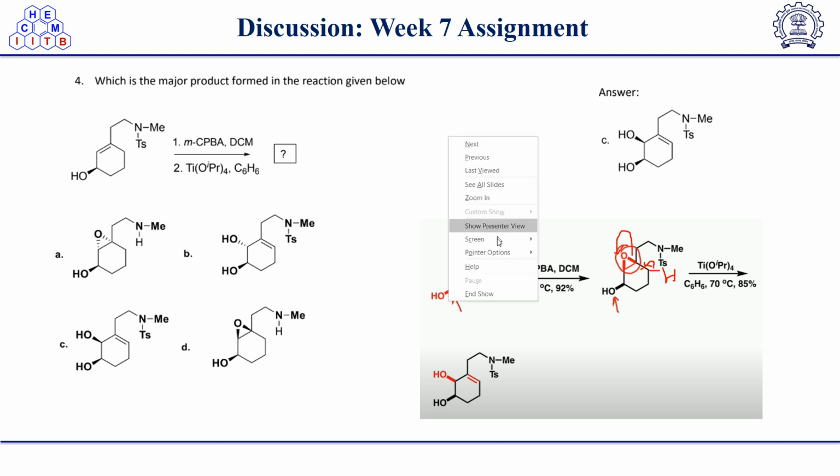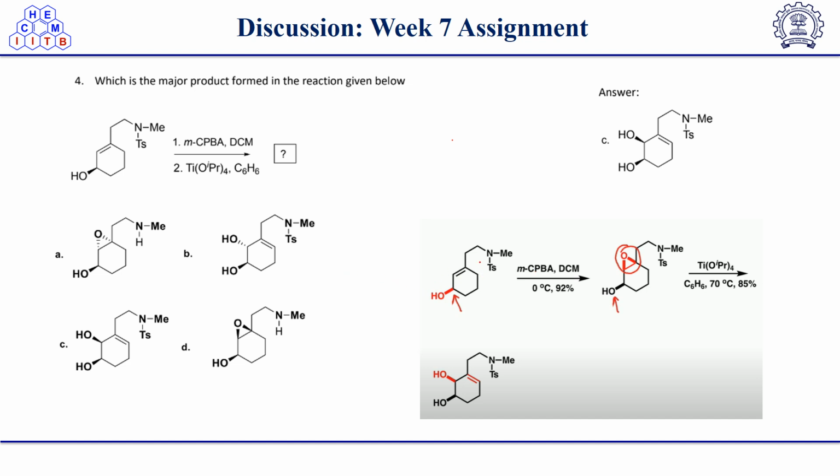So I hope it is clear. What is happening in the first step on treatment with MCPBA in DCM is that an epoxide will be formed, that is this product, and the stereochemistry will be controlled by the directing group, that is the alcohol present here. The epoxide will be formed on the same side as this hydroxyl group, because the oxygen lone pair will have the tendency to coordinate with MCPBA.